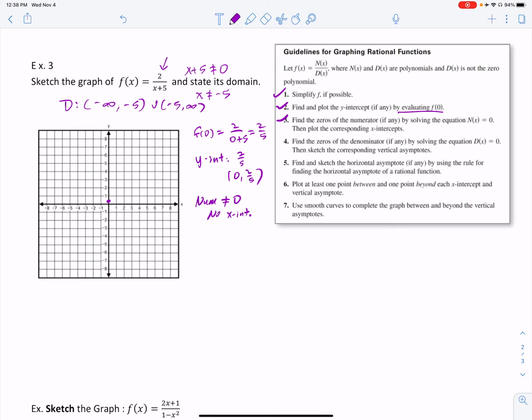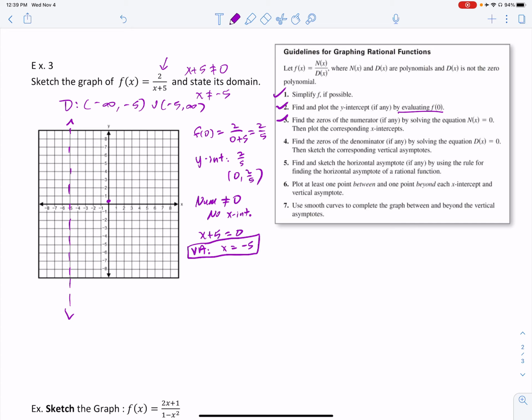Number 4, find the zeros of the denominator by solving x plus 5 equals 0, which we did earlier. And this is going to be a vertical asymptote because it makes the denominator 0. And so at -5, we are going to dot a vertical asymptote. And we're expecting certain behavior to the left side of it and to the right side of it.